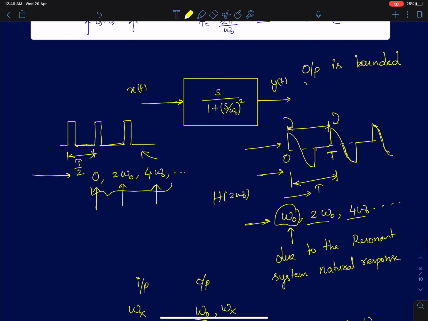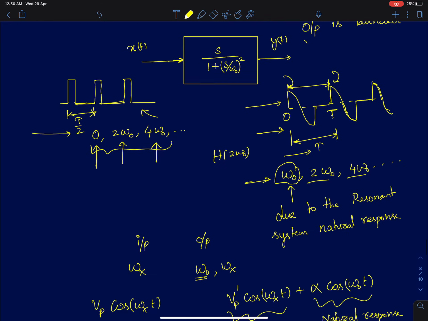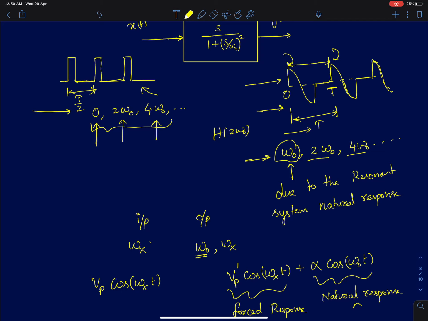For any LTI system, whether it's a left half plane pole or right half plane pole system, if the output contained a sinusoid, its frequency was always equal to the input frequency. But for a resonant system, we are seeing some additional frequencies at the output as well. To generalize, I fed an input with frequency omega x to the system. The output has omega x frequencies, but it also has an additional frequency omega naught in it.